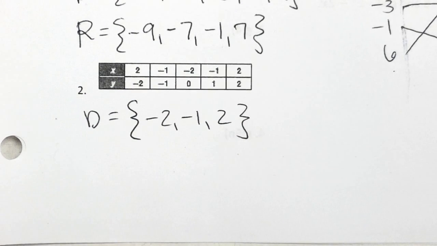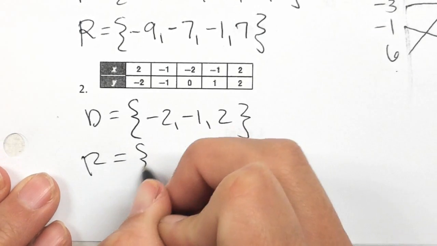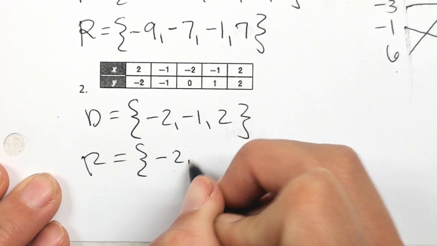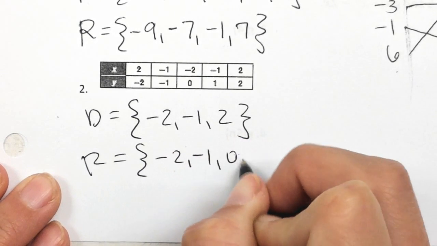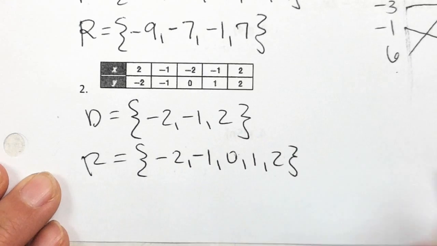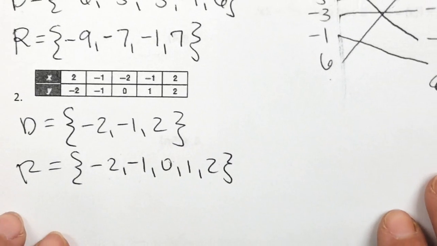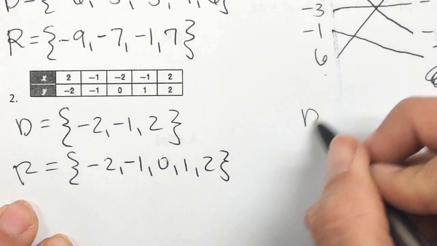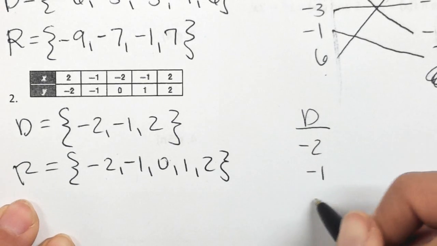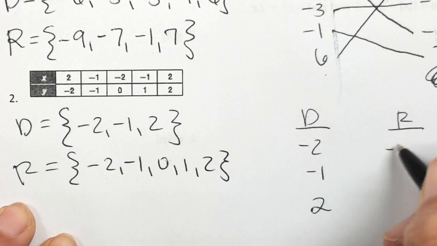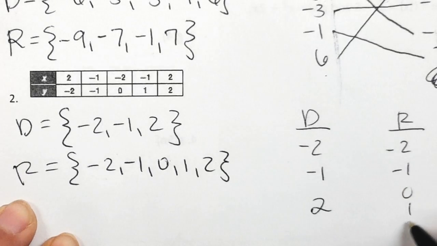It'll say list the domain and range, so you'll have to do this. Somebody tell me the range in order. Good. And now we can set up our chart. So we'll have -2, -1, 2, and -2, -1, 0, 1, 2.